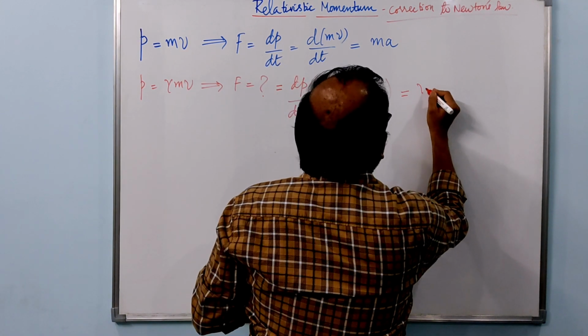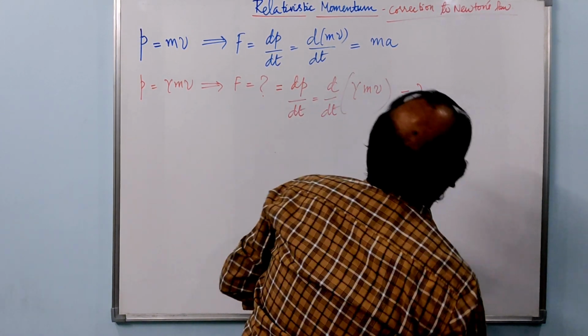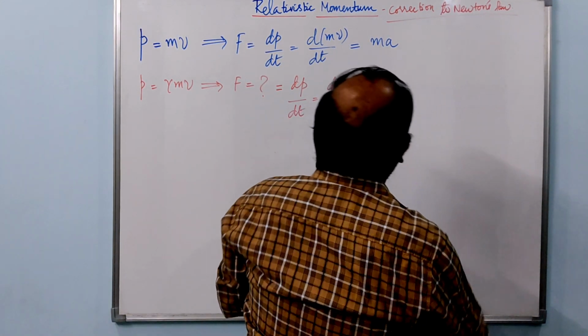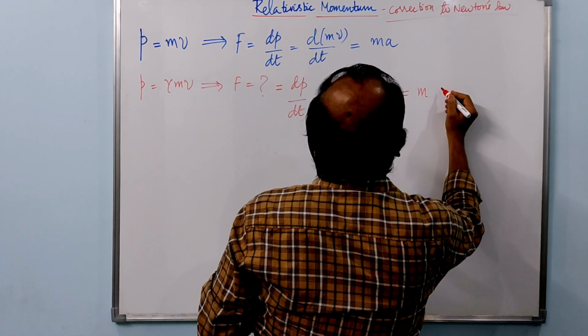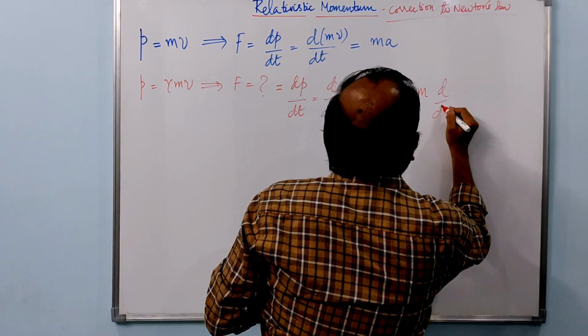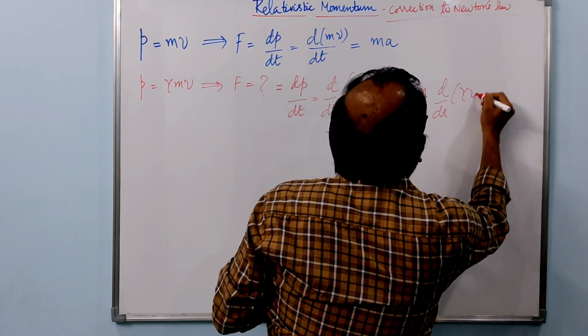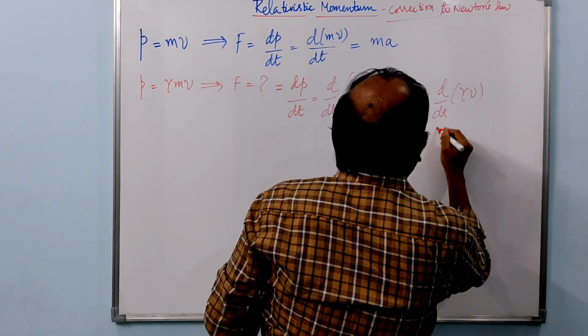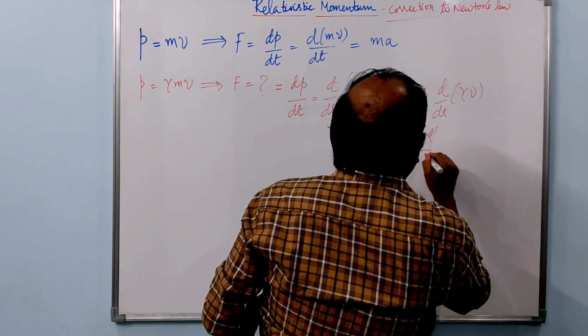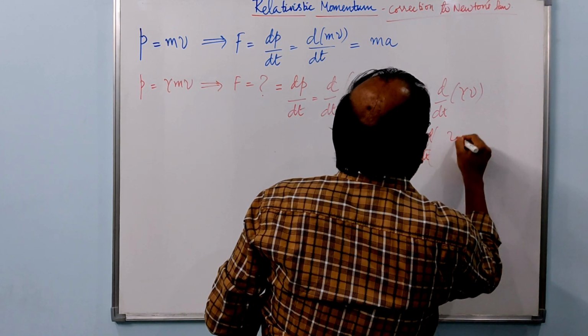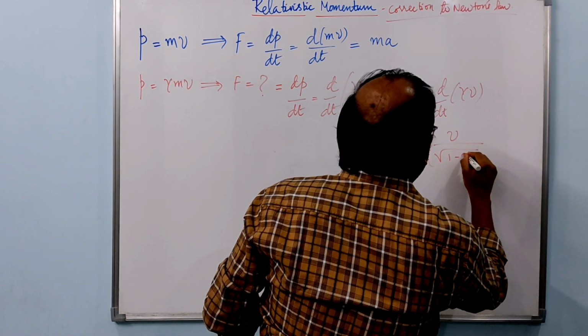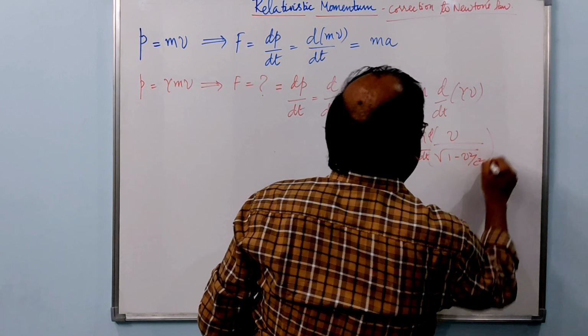Gamma is a function of v, so we have m as the constant outside, then d over dt of v over the square root of 1 minus v squared over c squared.